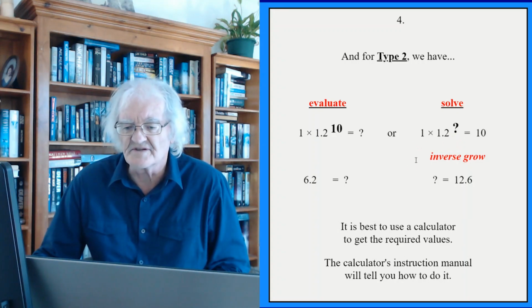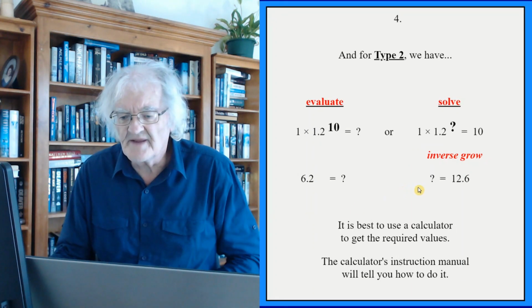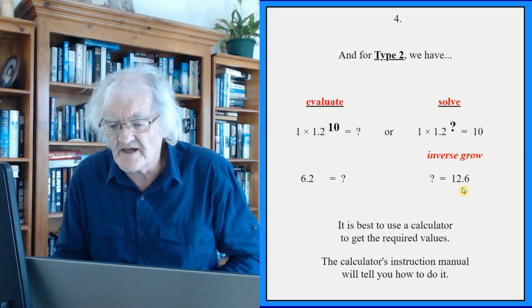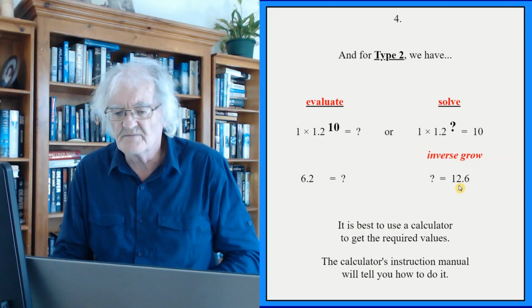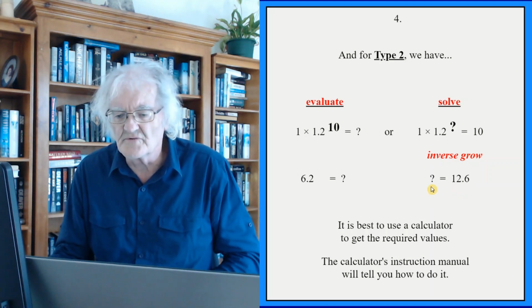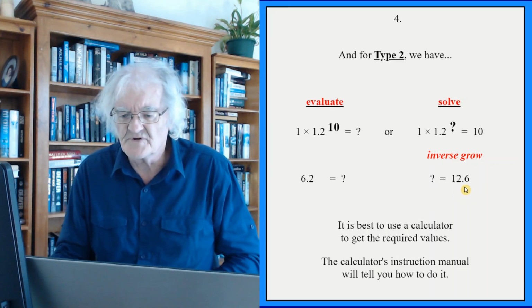I've got to use an inverse of the growth process to go backwards. So we have now calculated the value that was missing from the original equation is 12.6. That means the $1 grew for 12.6 years to bring the amount up to $10 in value.